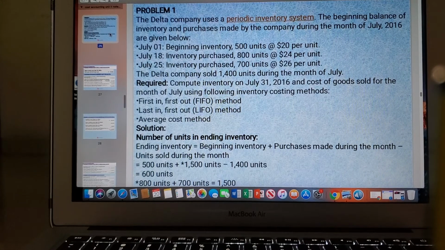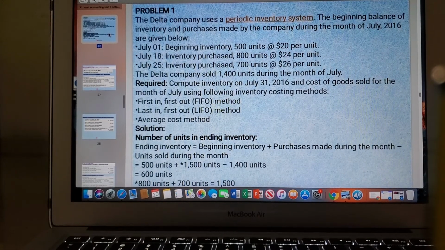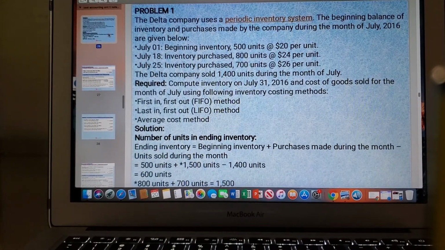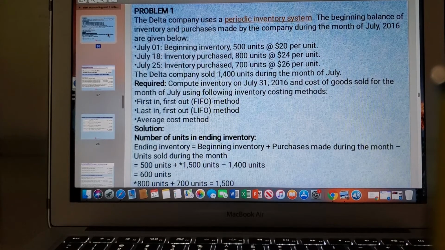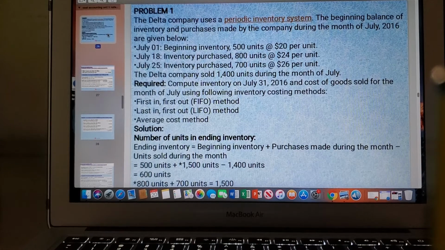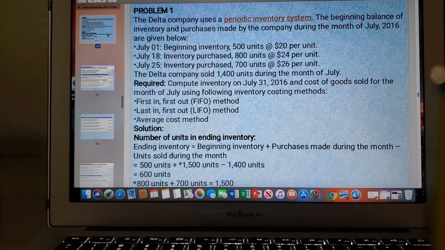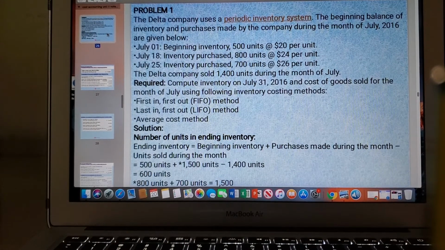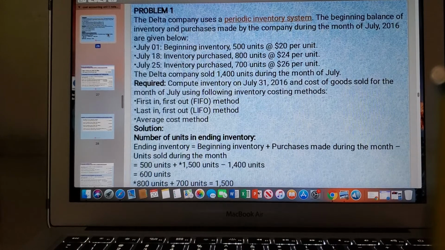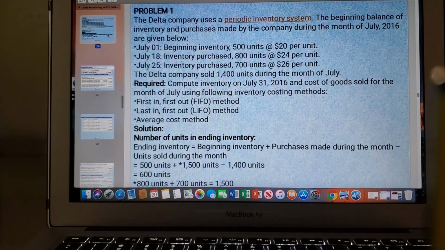Problem 1. The Delta company uses a periodic inventory system. The beginning balance of inventory and purchases made by the company during the month of July 2016 are given below. July 1, beginning inventory 500 units at $20 per unit.